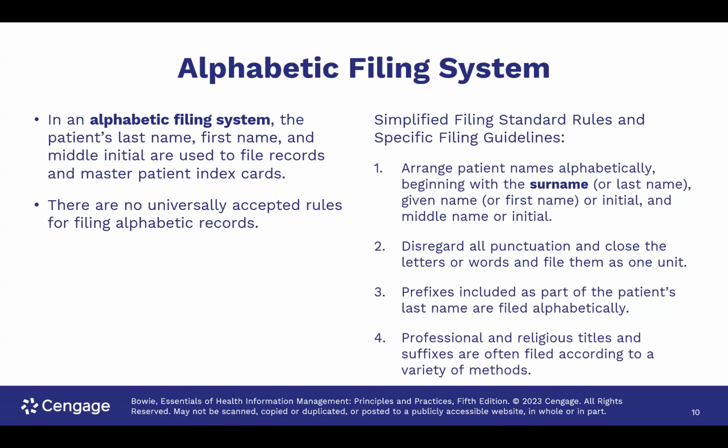And again, how alphabetical it gets remains to be seen. For the most part, we start with the last name and we arrange these names alphabetically. We disregard any punctuation or close letters as one word, file them as one unit, and so on. Pretty straightforward stuff.